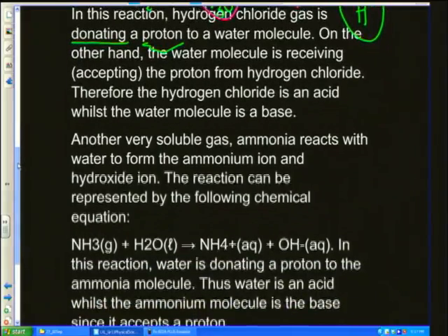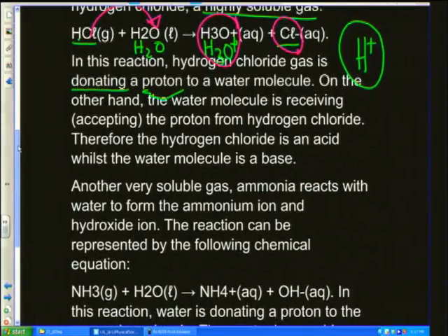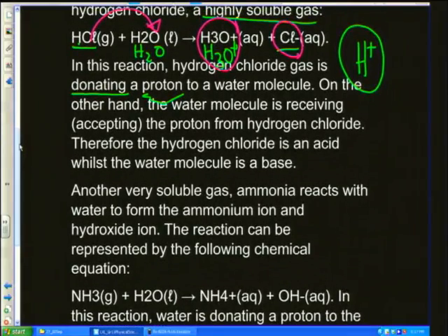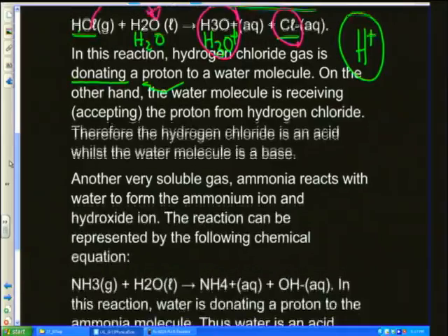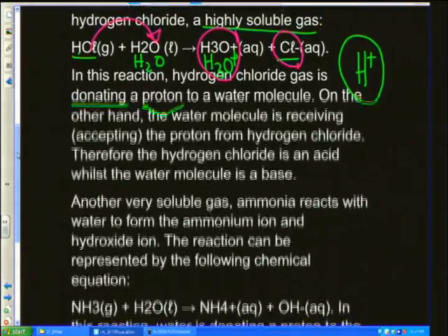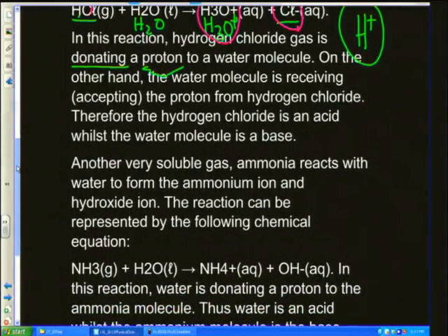Right. So which one has given away a proton, and which one has received? We see that HCl has donated a proton, and for that reason, HCl will be the acid in this case. So hydrogen chloride is donating a proton, and therefore it is an acid.